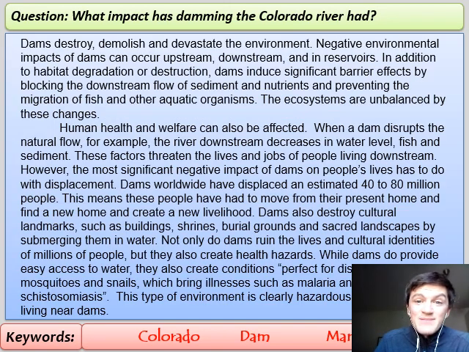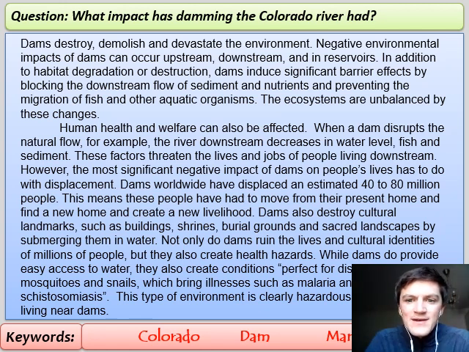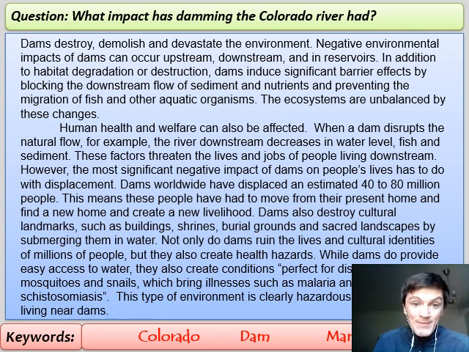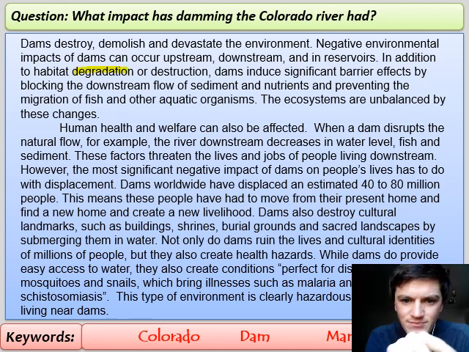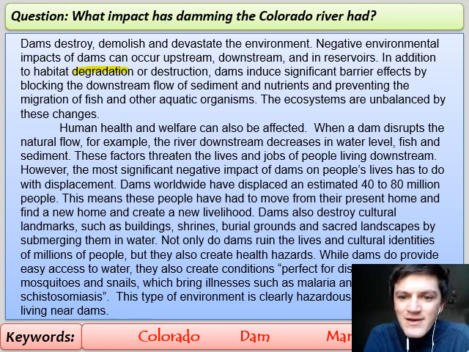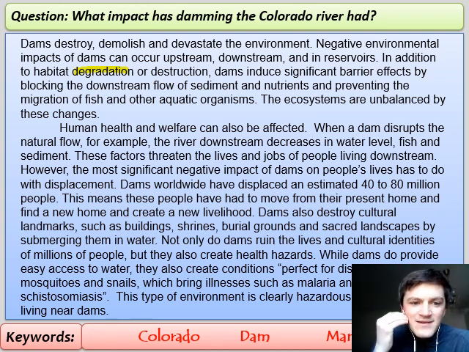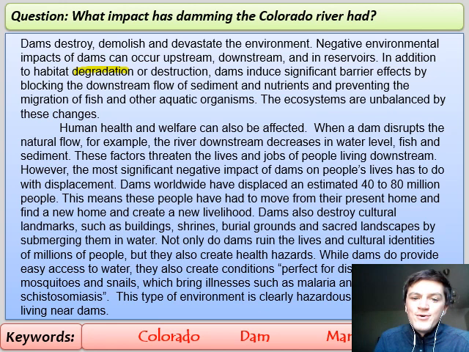Now, this bit of information is just talking more widely about dams in general. Dams destroy, demolish, and devastate the environment. Negative environmental impacts of dams can occur upstream, downstream, and in reservoirs. So everywhere can be affected by a dam. In addition to habitat degradation, i.e. destroying habitats, dams induce a significant barrier effect by blocking the downstream flow of sediment and nutrients and preventing the migration of fish and other aquatic organisms.